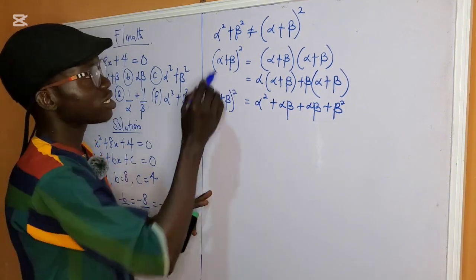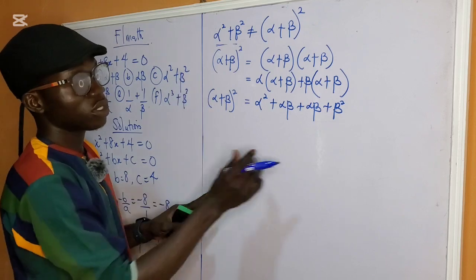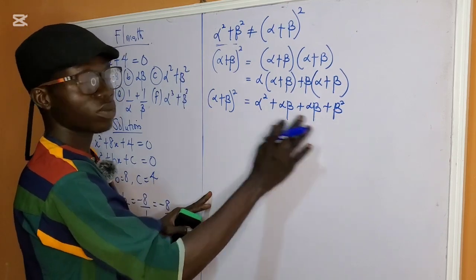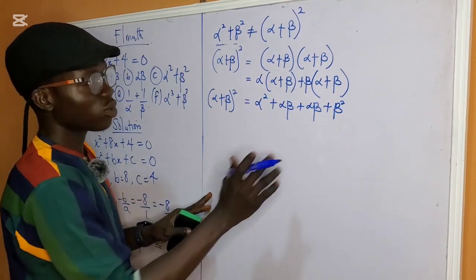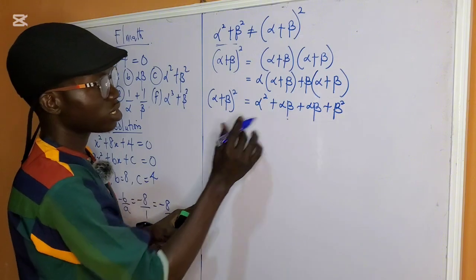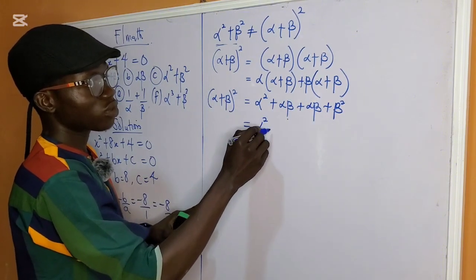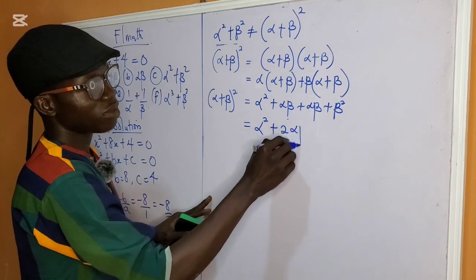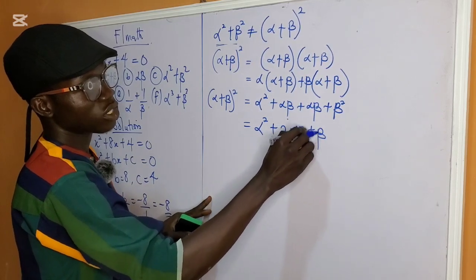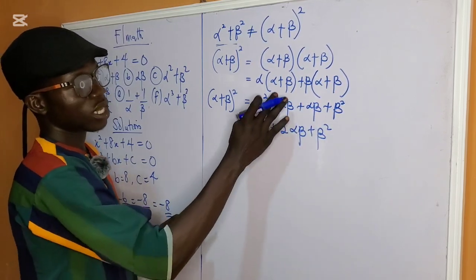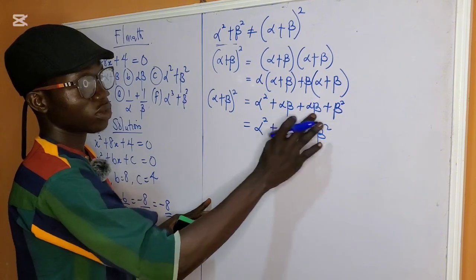Now what we want to get is alpha squared plus beta squared. That means we need to isolate alpha squared plus beta squared on one side of the equation. But before taking this to the other side, let's simplify. Alpha squared plus 2 alpha beta plus beta squared. This is just like 1 plus 1, that is 2.